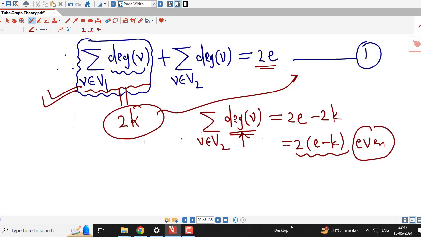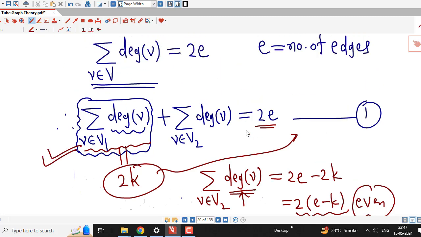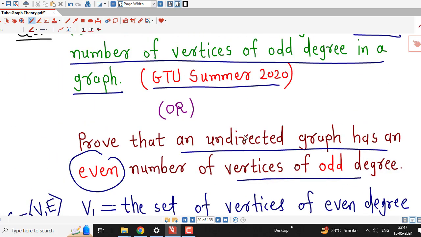So we can say that if we are adding the degrees of vertices which are odd, then this summation turns out to be even. So we can say that there are always an even number of vertices of odd degree. So in this way we can easily prove this result.